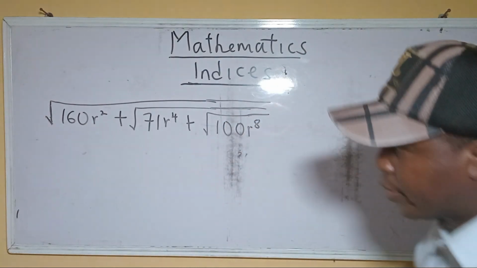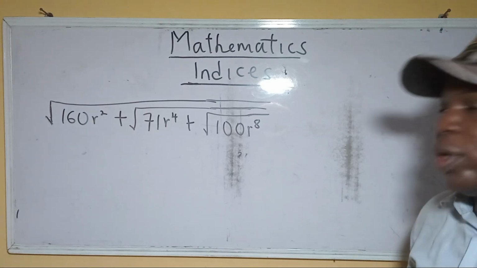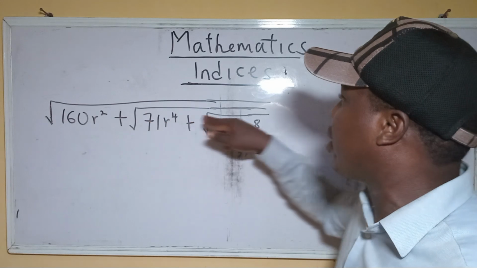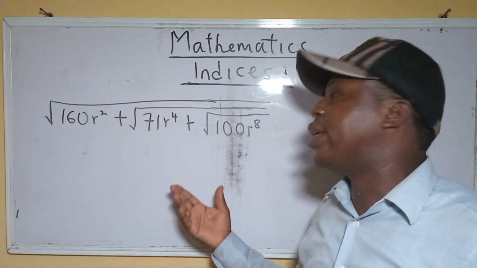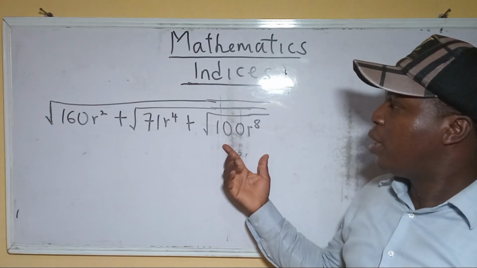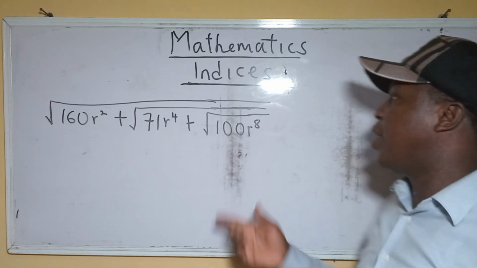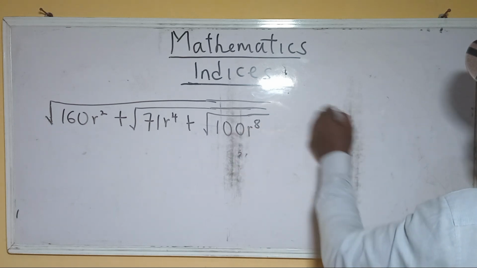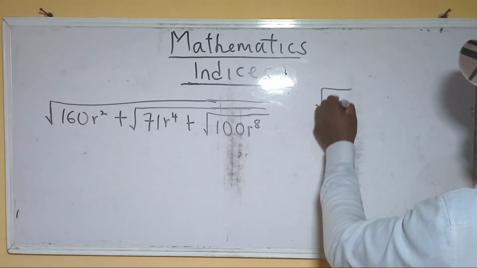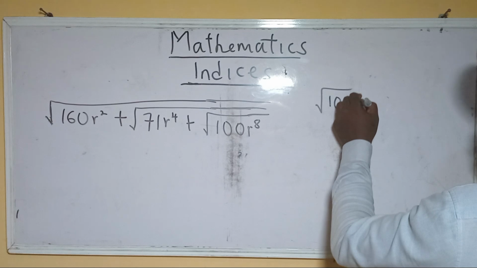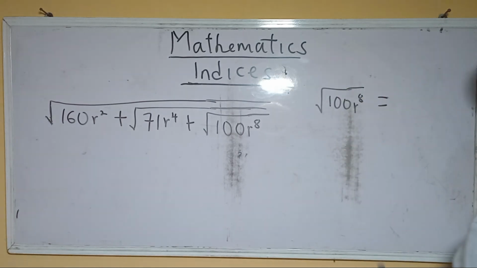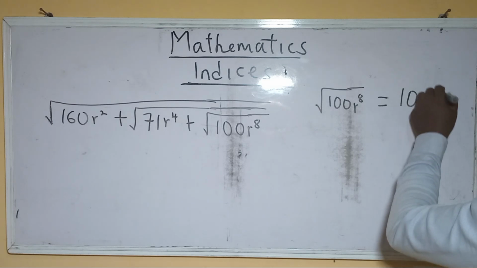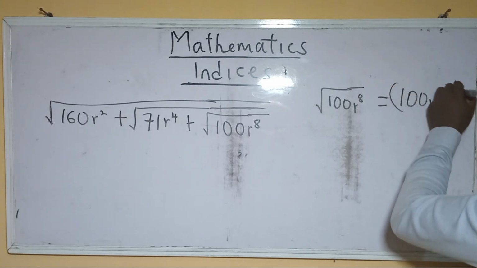Now let's start. Before you solve this question, you have square roots here, the first one, the second one, the last one. I will advise you to solve this one first. Let's start with this one. Now, if I have root of 100 r raised to power 8, remember it's the same thing as (100 r^8) raised to 1 over 2.